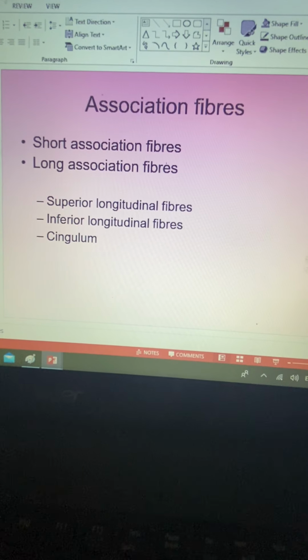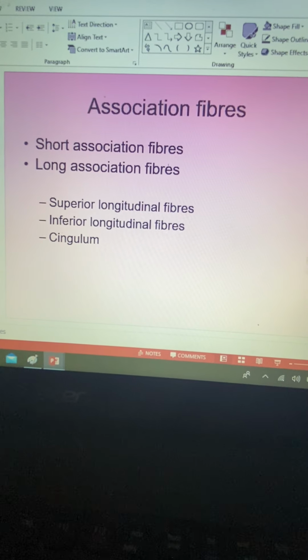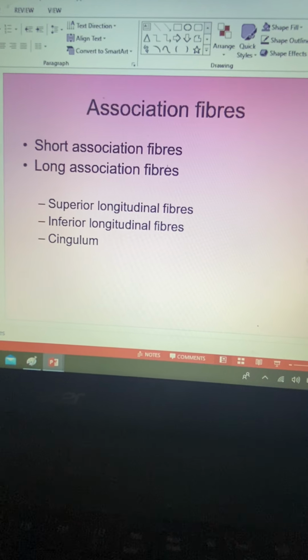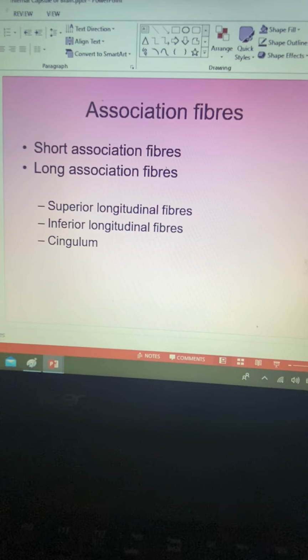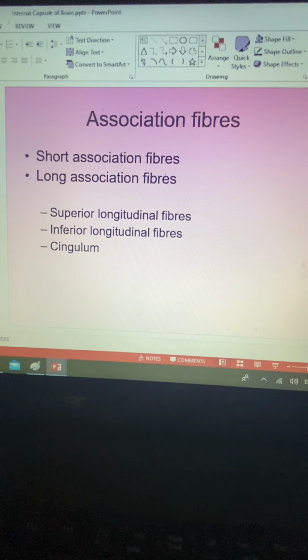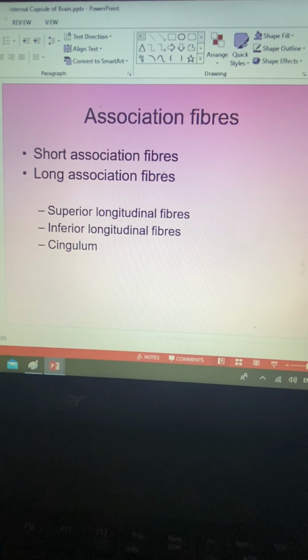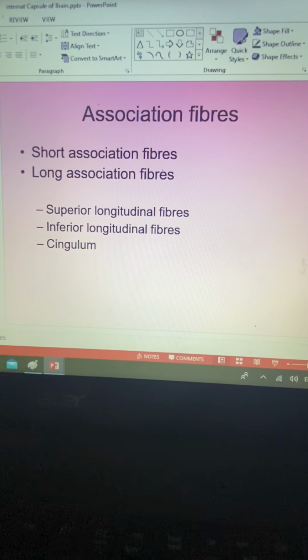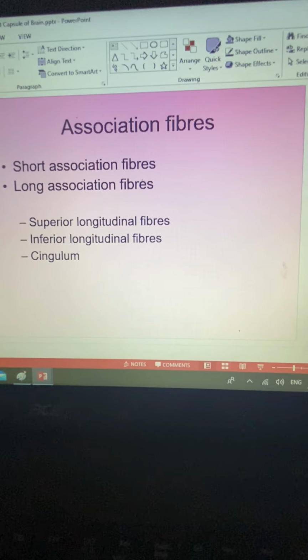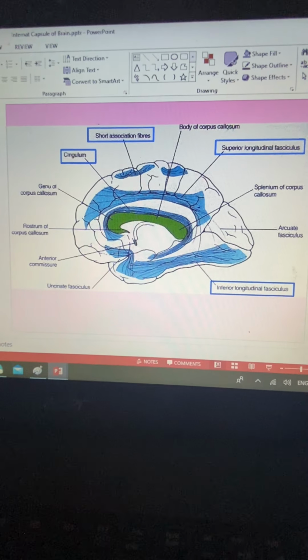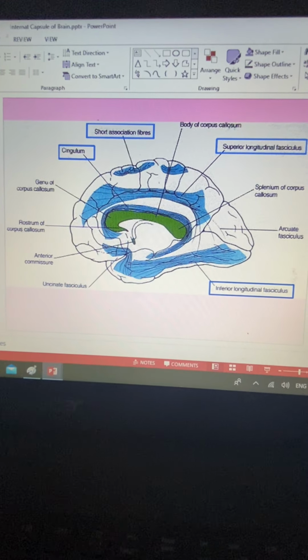Association fibers are of two types: short association fibers and long association fibers. In the long association fibers, we have the superior longitudinal fasciculus, inferior longitudinal fasciculus, cingulum, uncinate fasciculus, and the fronto-occipital fasciculus. Again, the same thing.